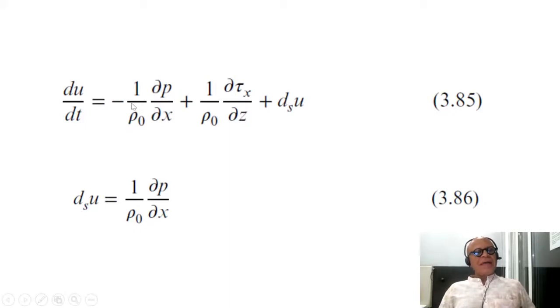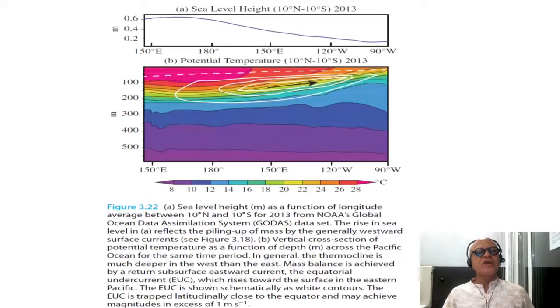So the balance can be that D(u) is balancing the pressure gradient so that the winds just accelerate the zonal currents. But what happens is you actually get piling up of the water and higher sea levels on the west, and below the surface you get an eastward pressure gradient, and there is a coherent current running like a ribbon from the western boundary all the way to the east, which we call the equatorial undercurrent.